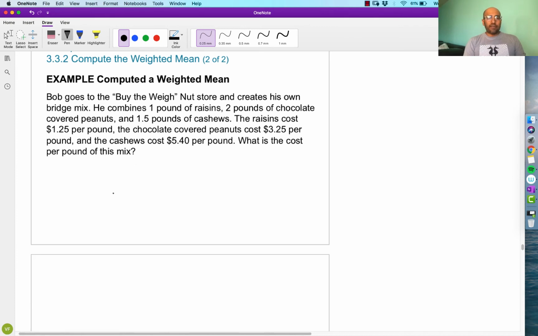All right, so let's organize our data. We're talking about raisins, so we have 1 pound of raisins, and the price of raisins was $1.25 per pound.